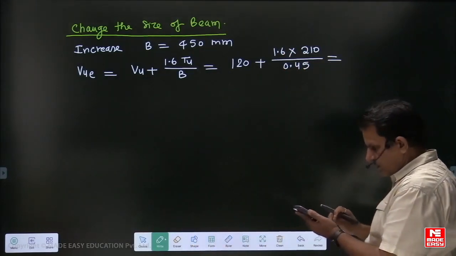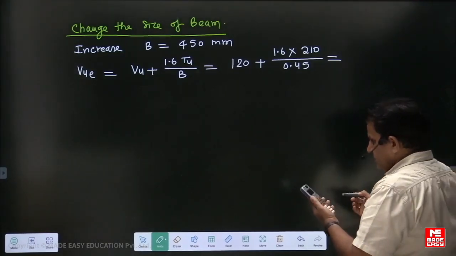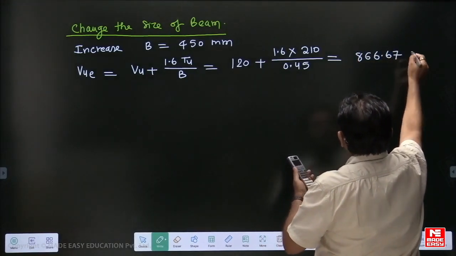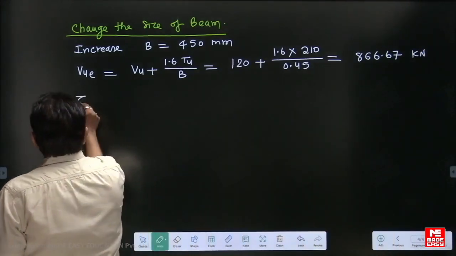That is equal to 120 plus 1.6 into 210 divided by 0.45. So now it is 866.67 kilonewton.